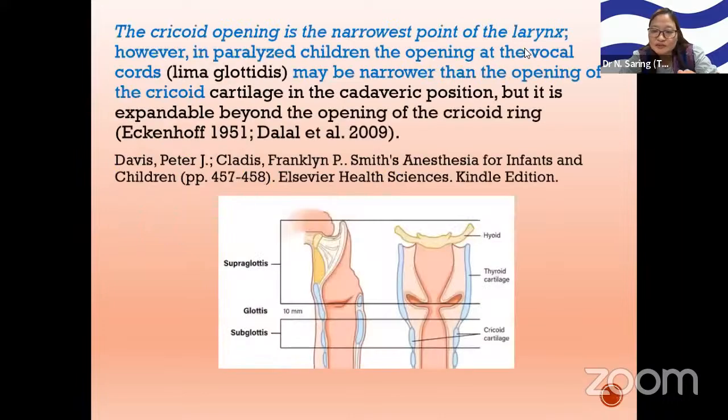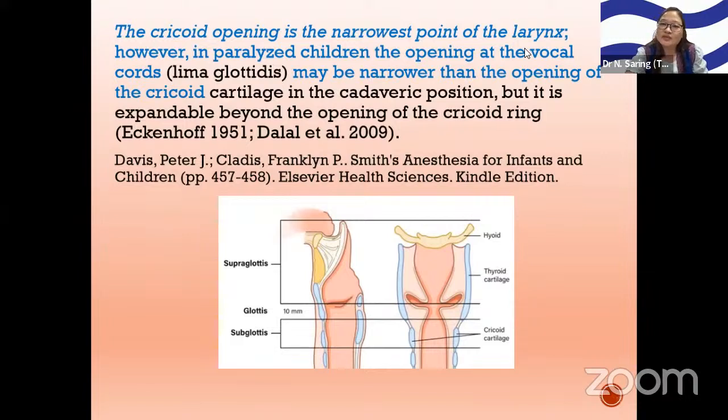Some literature nowadays has come up with the publication that in the cadaveric position, that is during anesthesia only, the vocal cord may be the narrowest portion. But while intubating, the vocal cord gives way since it is pliable. But when the child is awake, it is always the cricoid region which is narrowest.